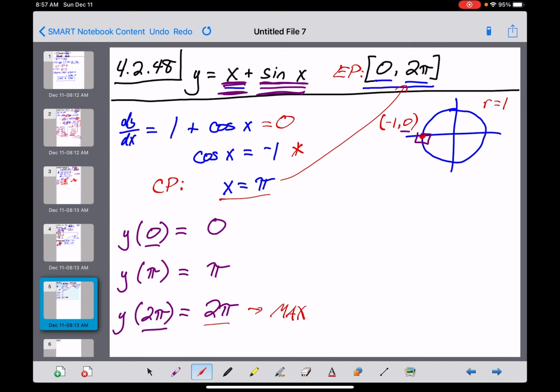That's your absolute max, and then 0 is going to be your absolute minimum that we come up with for this interval. So that should be our answer there for problem number 48. I thought it would have been a more interesting problem if they kind of gave us an interval where this thing was starting to come back down just a little bit. But anyway, it didn't, and that's what we came up with. So there's 48.